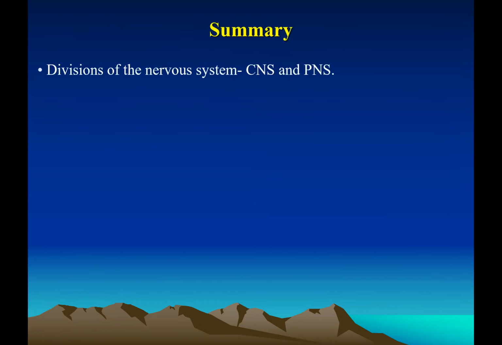So what have we learned during our time together? We studied that the nervous system is the master control system in the body. It's maintaining homeostasis in your body. Its divisions are the central nervous system and the peripheral nervous system. Central nervous system refers to your brain and your spinal cord.